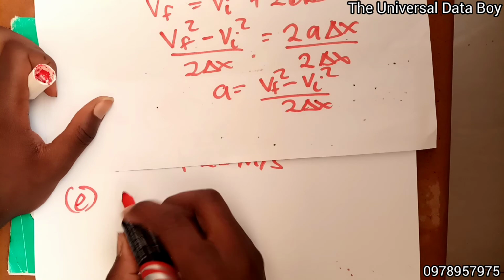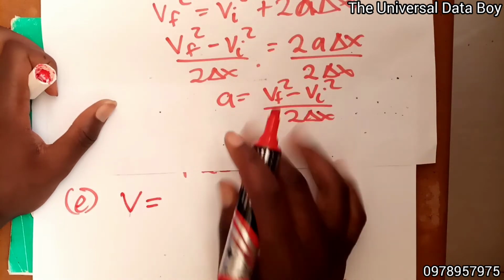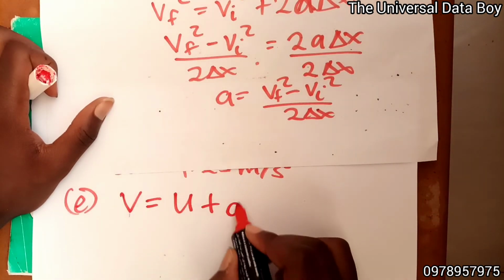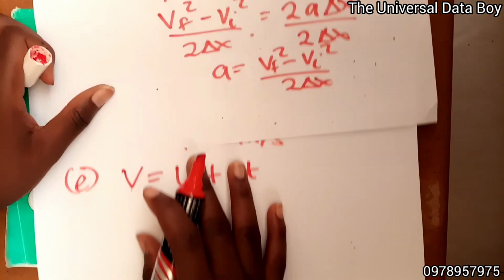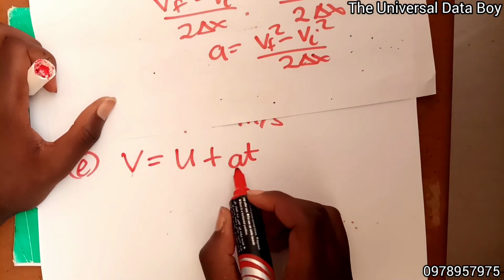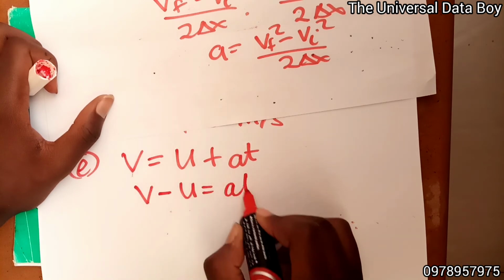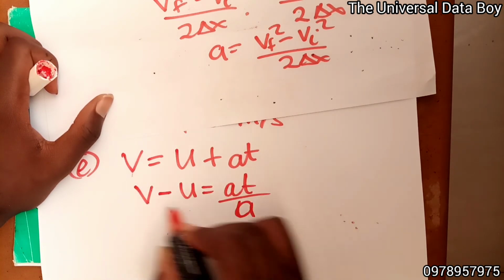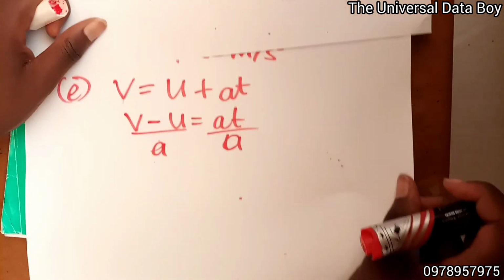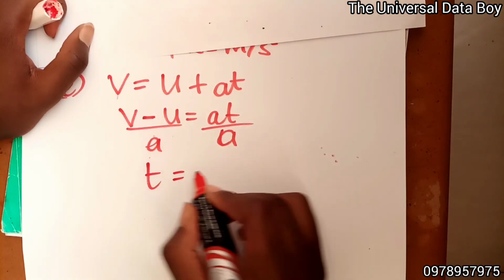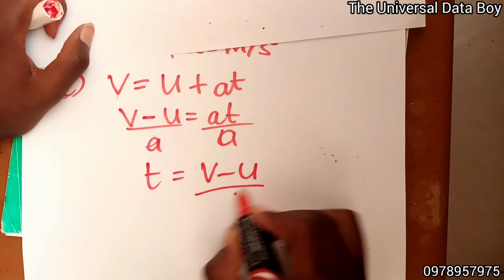To find the time, v minus u is equal to at. We divide both sides by a, and t is equal to v minus u over a.